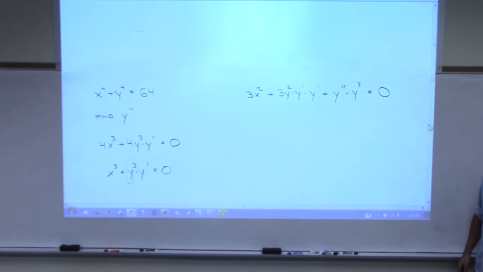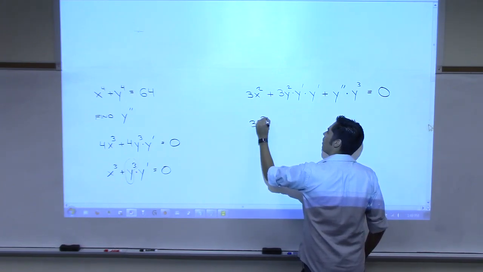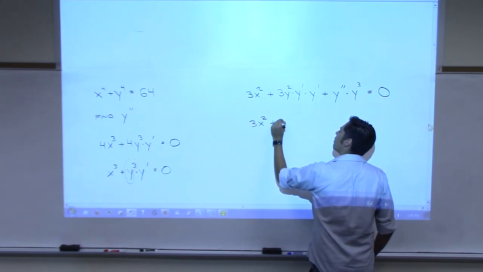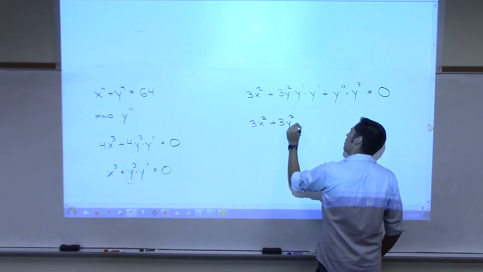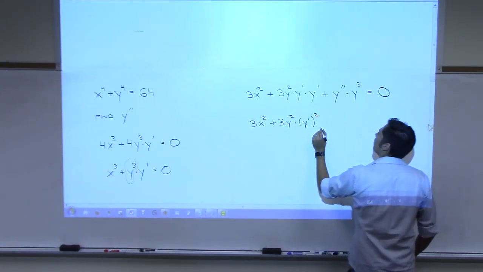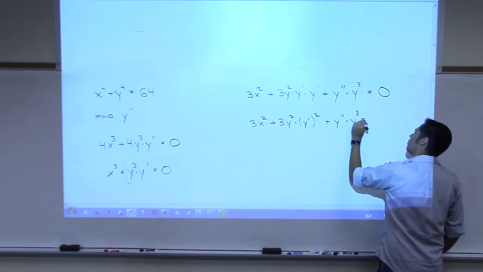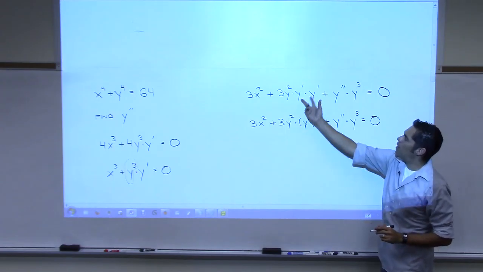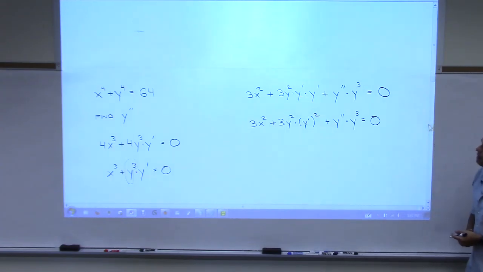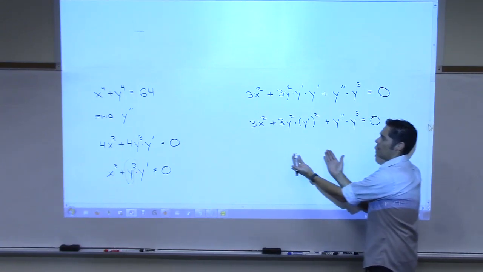Let's isolate y double prime. So I'm going to write this as 3x squared plus 3y squared times y prime squared plus y double prime times y cubed equals 0. The only thing I did there is put the y primes together and put squared. And I'm going to move both of these terms to the other side.